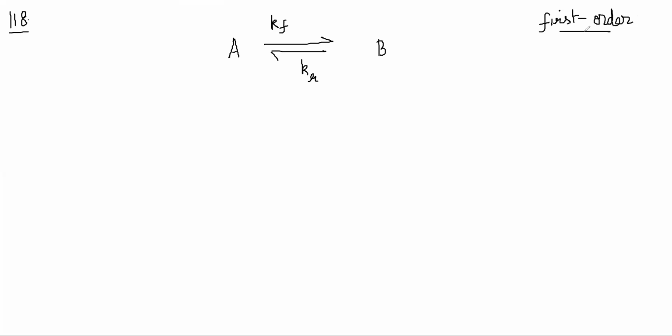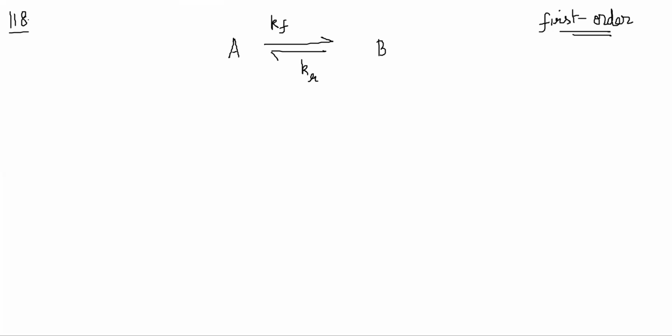Okay, so let's do this. So suppose A is like this, and like this, B, and this is Kf and this is Kr, right? Now he's saying that this reaction is a reversible first order interconversion. Okay, so this is reversible is clear from here, and it is first order interconversion of A to B and B to A, right?